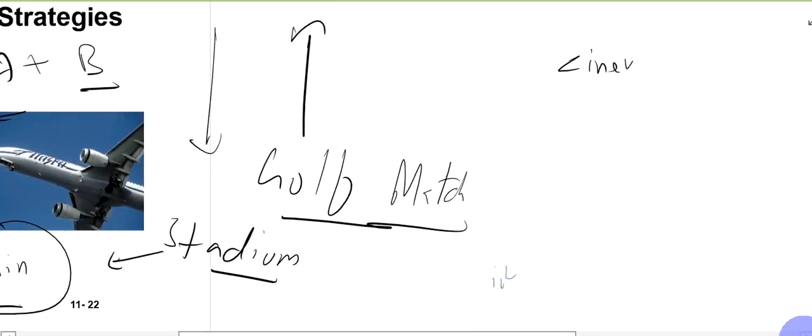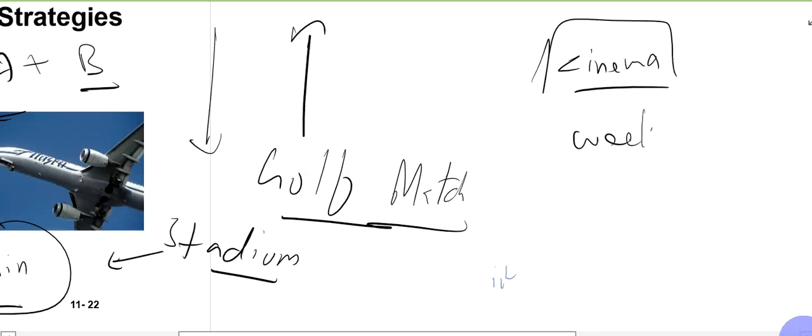When we go to the cinema to watch a movie on the weekend, the ticket will be, for example, 1000 rupees, because on weekends people want to go out, hang out, and get some recreation and entertainment.